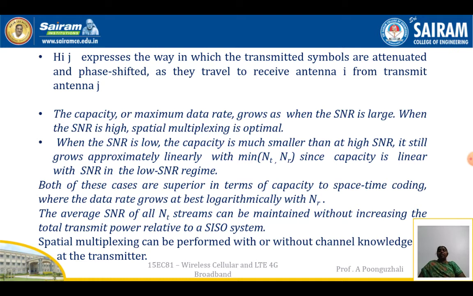The capacity is linear with signal to noise ratio in the low signal to noise ratio region. Both of these cases are superior in terms of capacity to space-time coding, where the data rate grows at best logarithmically with NR, with respect to the Shannon capacity theorem we have seen.